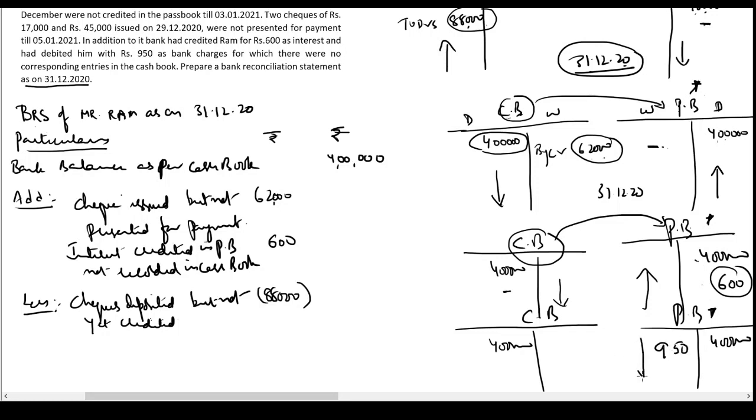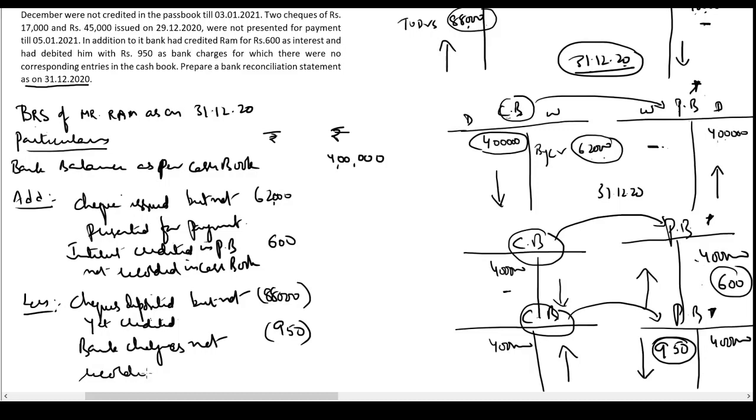The balance in passbook has reduced, the balance in cash book is relatively higher. What should I do to the cash book to make it equal to the passbook? I have to reduce it by 950 rupees. Bank charges not recorded in cash book.